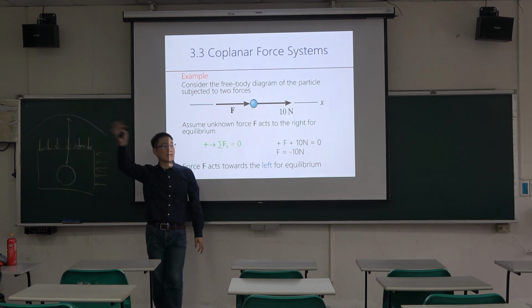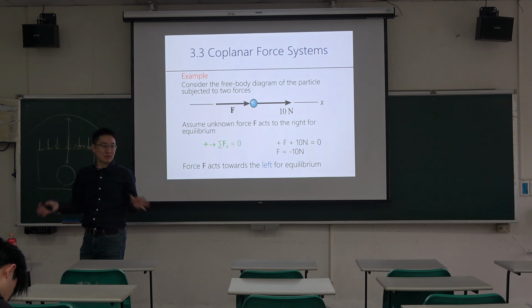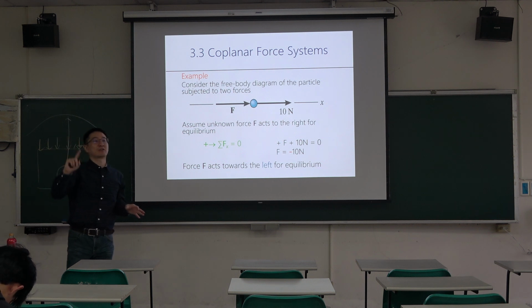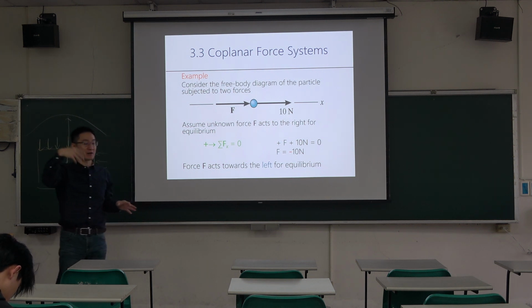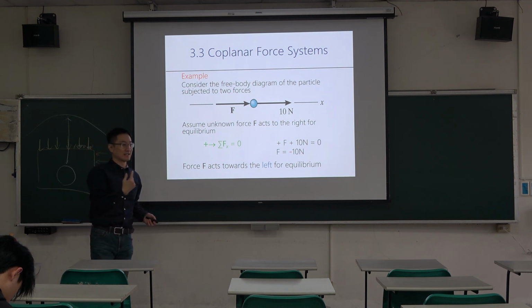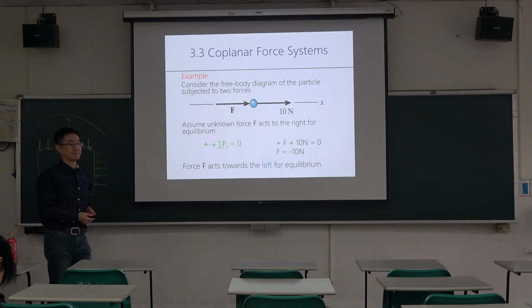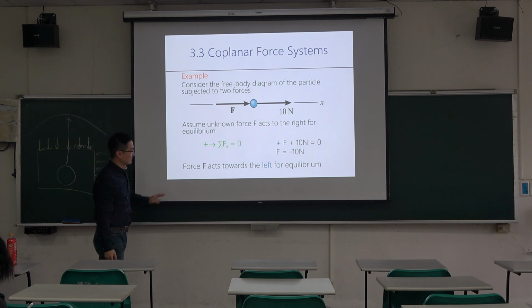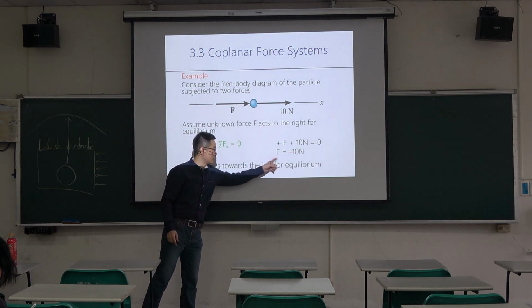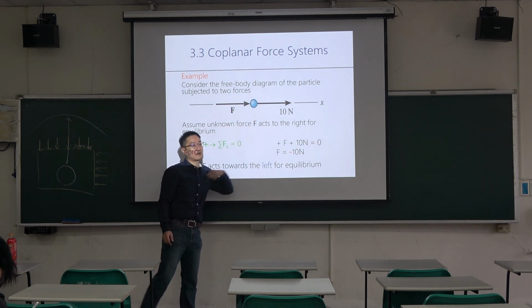For further calculation, in lots of questions you don't need to care which direction you assume for the unknown force, because in the final calculation, if you find your answer is negative, it is just the opposite direction. Positive means toward right, negative means opposite direction. So to achieve equilibrium, this force is toward left.